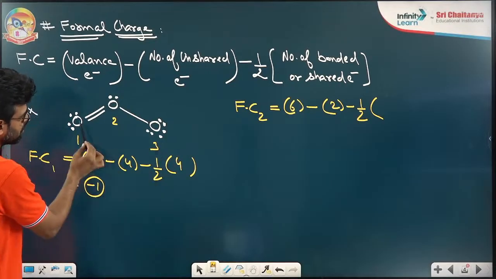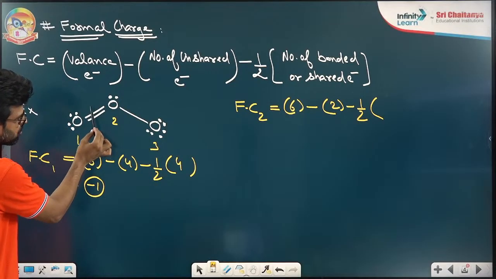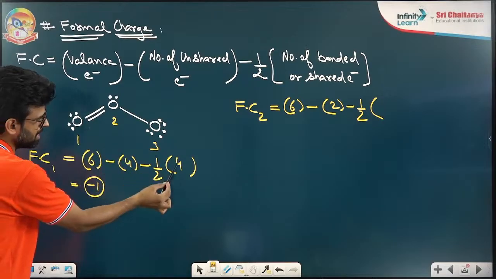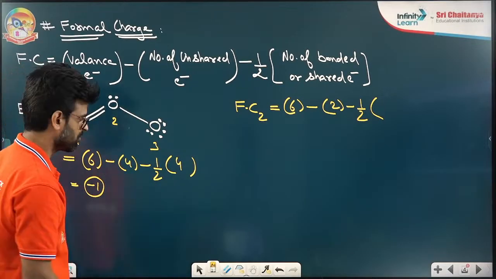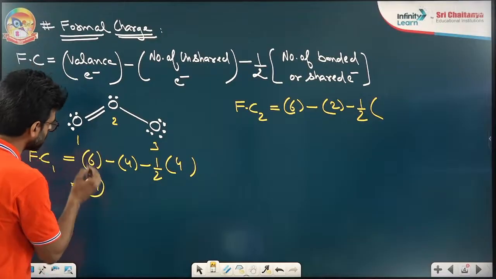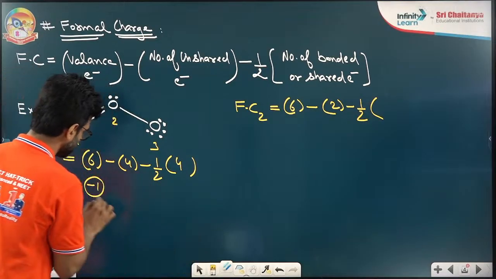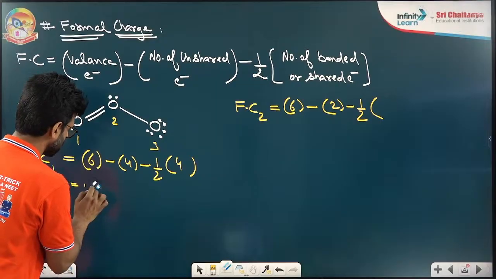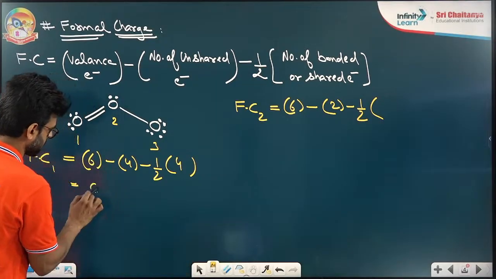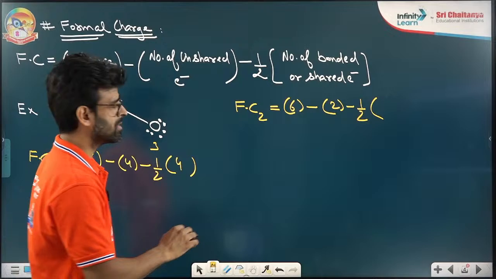And how many shared for this one? This has 2 bonds, so 4 shared, right? So from here 2 is coming, so for this one what is coming? 0, right? Actually I found it for the second oxygen. Clear, right?